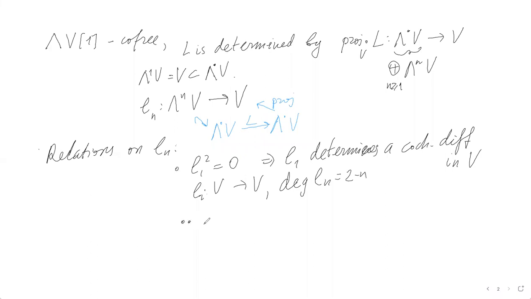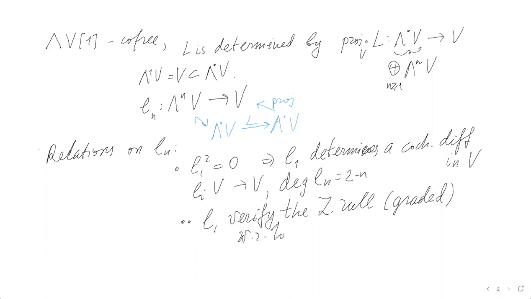The second relation is that L1 verifies, I'm cutting the edges, so I'm making shortcuts everywhere, L1 should verify the graded Leibniz rule with respect to L2, which is the map from the exterior square of V into V of degree 0.